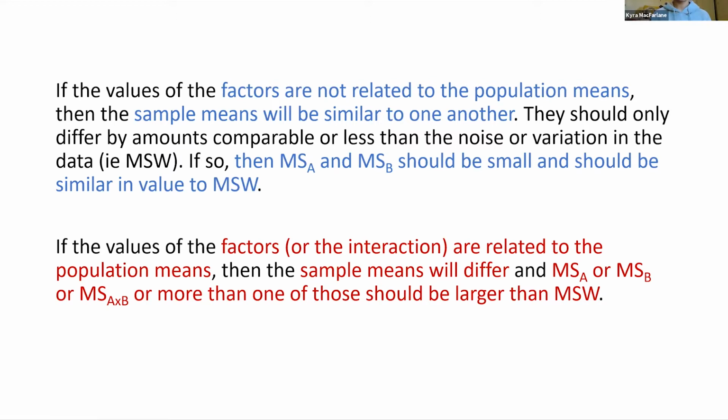They should only differ by amounts comparable to or less than the noise or variation in the data, so comparable to the variation inside the groups. If that's the case, then mean squares A and mean squares B should be small and should be similar in value to mean squares within. And just remember that mean squares is just our sum of squares value divided by its degrees of freedom.